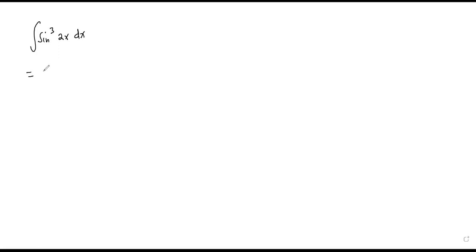So this is the same as the integral of sine squared 2x then times sine 2x, everything dx.